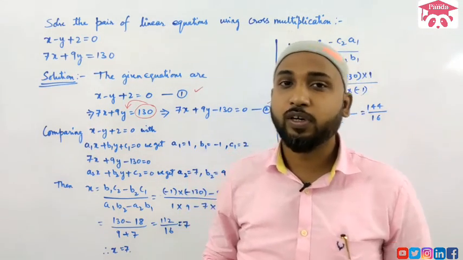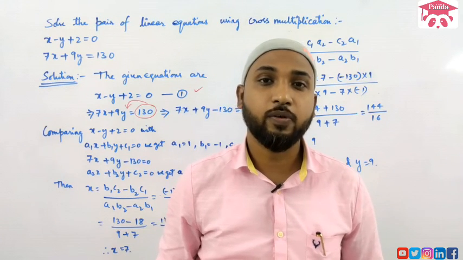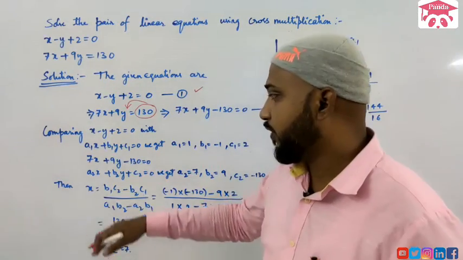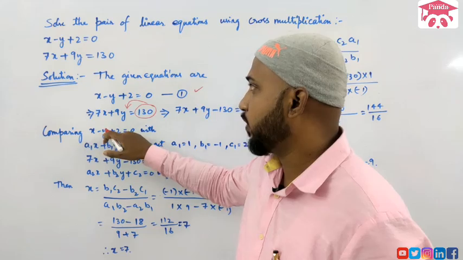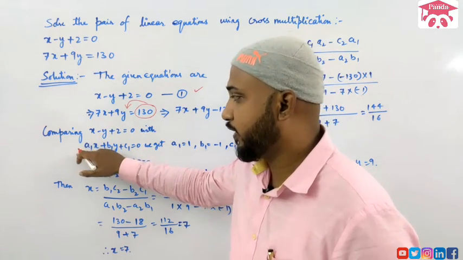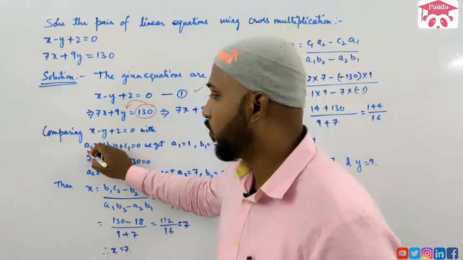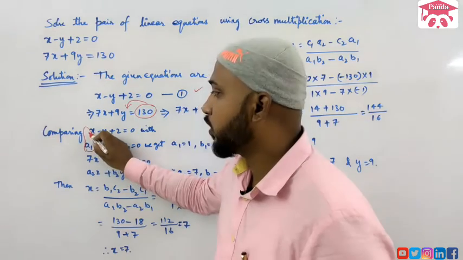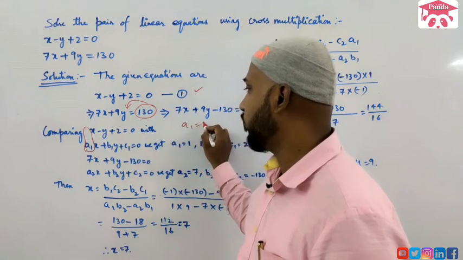Now after getting equation 1 and 2, we'll compare equation 1 with a1x plus b1y plus c1 equals 0. Equation 1 is x minus y plus 2 equals 0. When we compare, a1 equals, what is the coefficient of x? Nothing is there, which means it is 1.